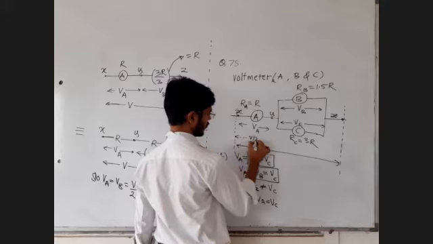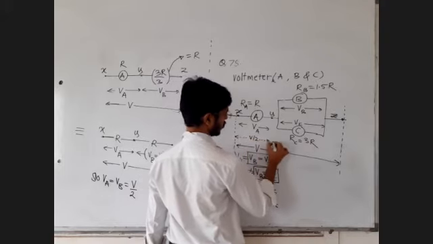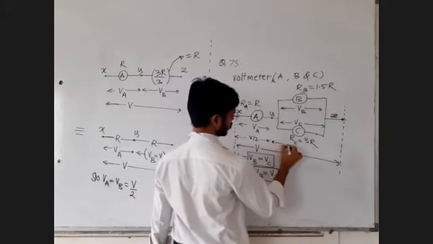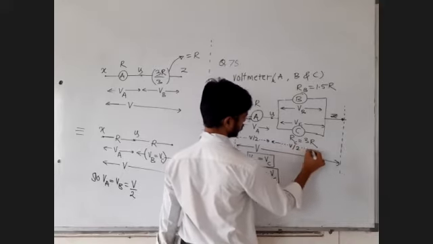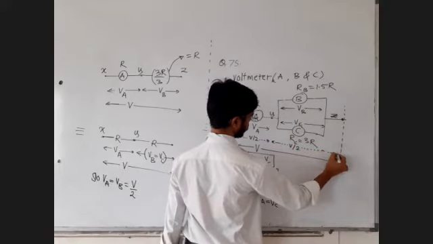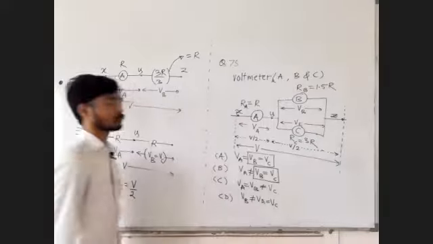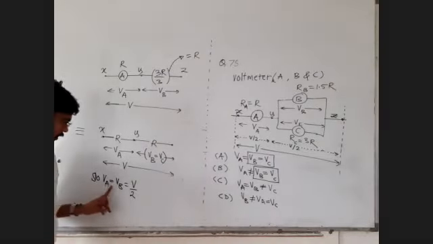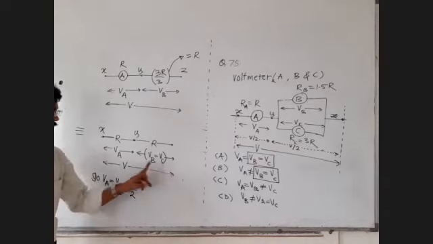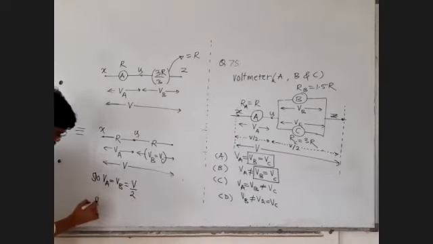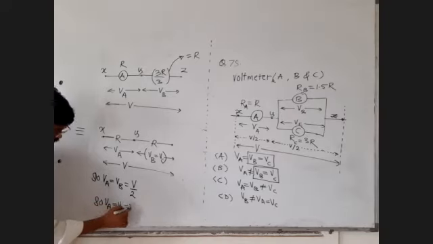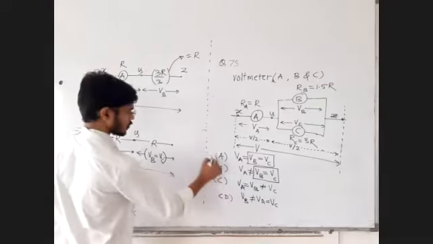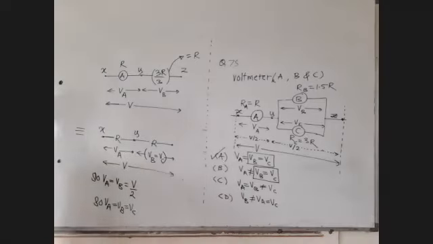This will be V by 2, and this voltage also V by 2. Check, did you get it? Reply in the chat box. Clear and written. So VA equal to VB, but VB is also equal to VC. So we have to choose option A. Check.